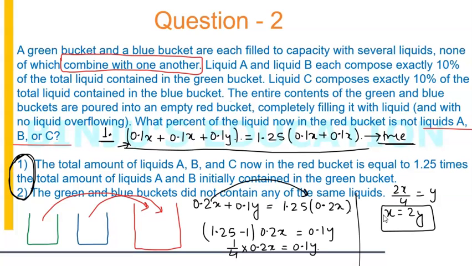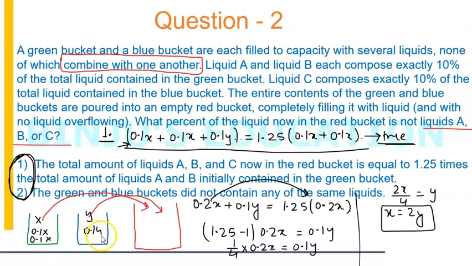What percent of liquid now in the red bucket is not liquid A, liquid B, or liquid C? Now we know the relationship between x and y. So we assumed the green bucket to be x. So liquid A was 0.1x, liquid B was 0.2x. The quantity of the blue bucket was y, so liquid C was 0.1x, my bad, not 0.2x, sorry.